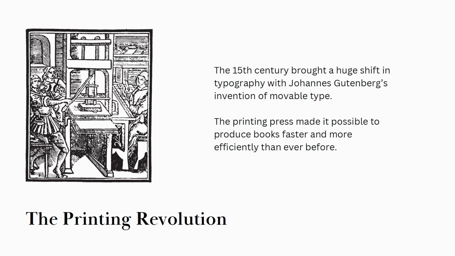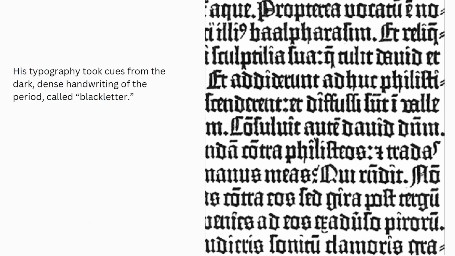So unlike what we just saw, where it's the monks in the monastery creating everything by hand, now you could typeset it with your movable type, and instead of having 2, 3, 5 copies, you could have 1, 2, 3, 500 copies of a pamphlet or a book or what have you. So this is great, because then this is going to help our ideas be exchanged throughout different geographic locations.